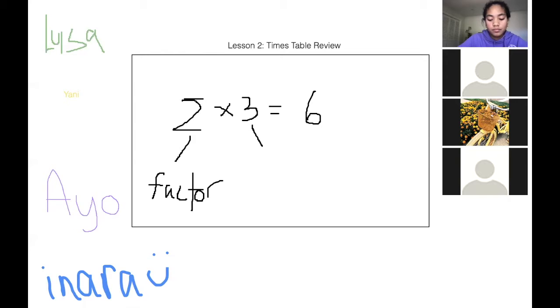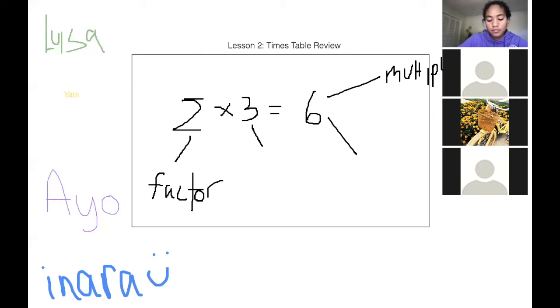And then 6, you can divide that by 2 or 3, which would make 6 a multiple of 2, or also a multiple of 3.